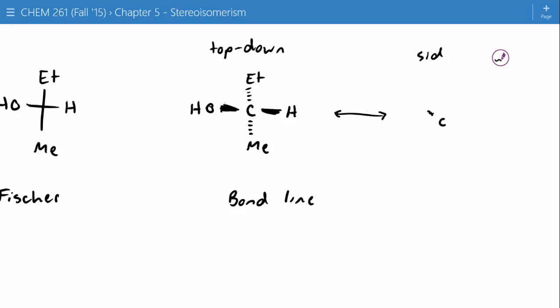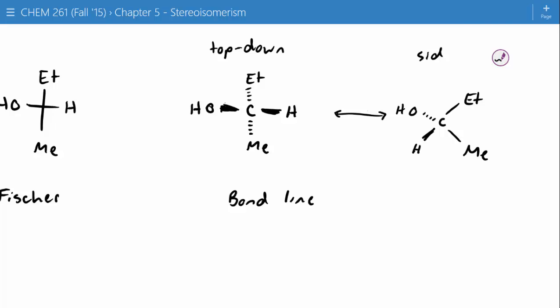So over here I'm going to flip it on its side. So this hydrogen's now sticking out there. We've got an OH, an ethyl, and a methyl. So can you guys see how I took this and I basically twisted it like that? That makes it a little bit easier to see the stereochemistry, right?